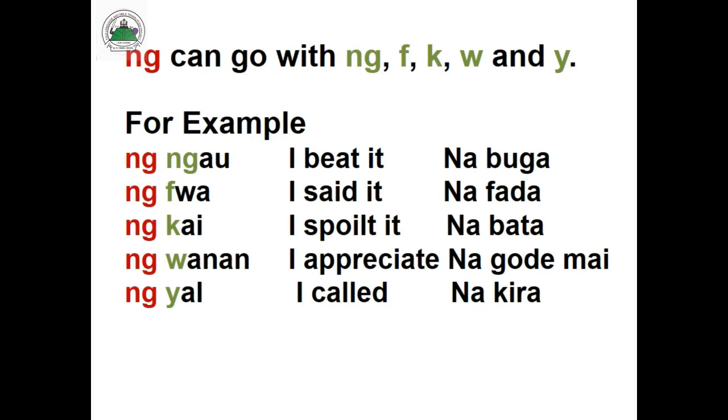For example, we have ngau, which means I beat it in Hausa, na buga. Then the next one is mfwa, which means I said it, and in Hausa, na fada. Then the next one is nkai, which means I spoilt it, then in Hausa, na bata.